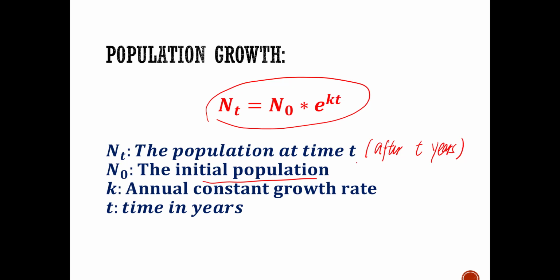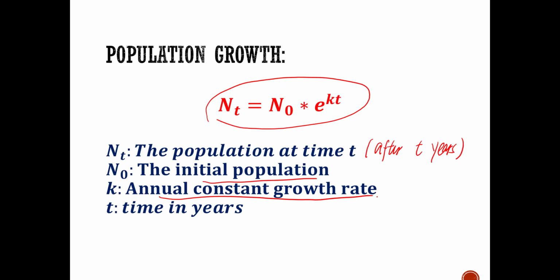So that's where, at the very beginning, what is the population? Well, that's N0. And then k here represents annual constant growth rate. So for every county or every state, city, and then entire country or the entire world, we can always come up with the annual constant growth rate.